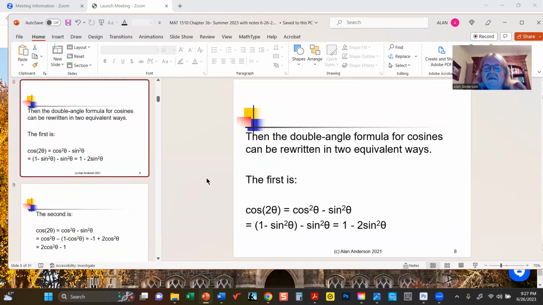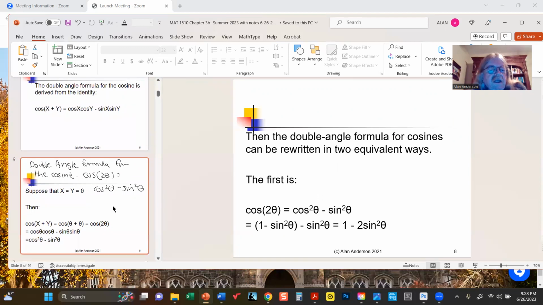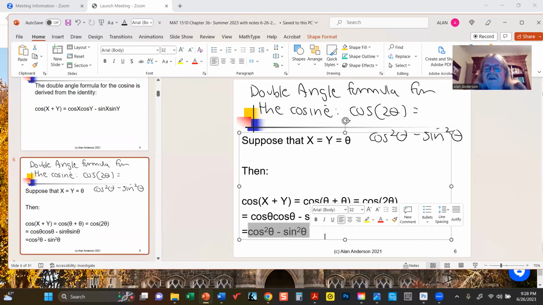All right, now, the double angle formula for cosine actually has two equivalent versions. We may end up needing one or the other, again, to simplify a problem that we're working on. You recall from a few minutes ago that we discovered that the cosine of 2 theta equals cosine squared theta minus sine squared theta.